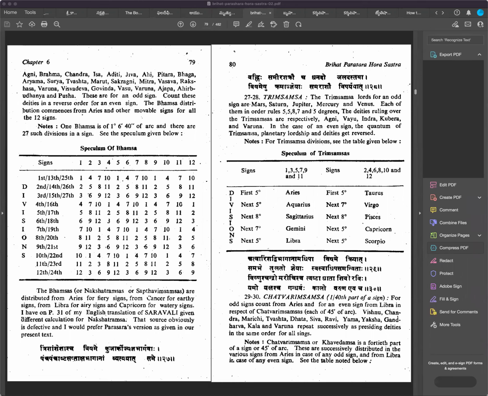In the case of an even sign, the quantum of Trimshamsa, planetary lordship and deities get reversed. As D27 deals with Parakrama, this Trimshamsha D30 is the actual division of a sign by 30. So we'll get 1 degree each, 30 degrees.